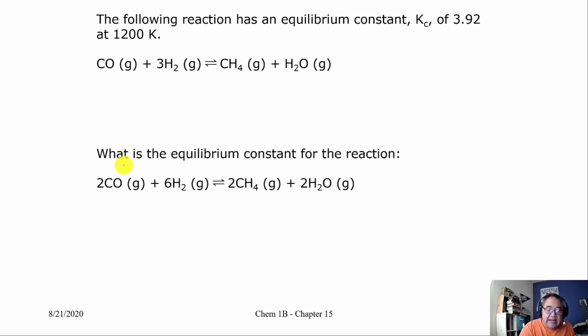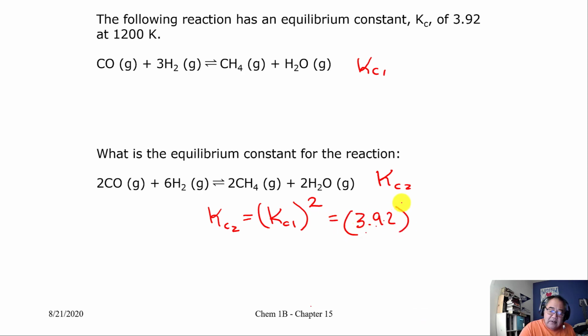Since the reactants are still both on the same side, but it looks like the coefficients are doubled, then this K value, we'll call this Kc1, Kc2 for this reaction would simply be Kc1, and since it's double, we would square it. So that would be 3.92 squared, which comes out to 15.4.